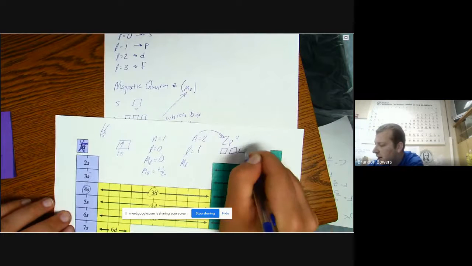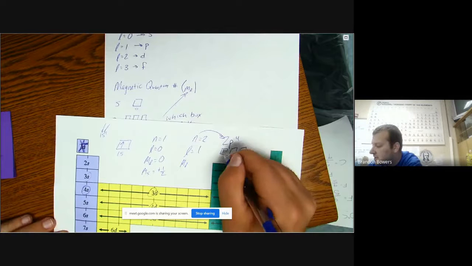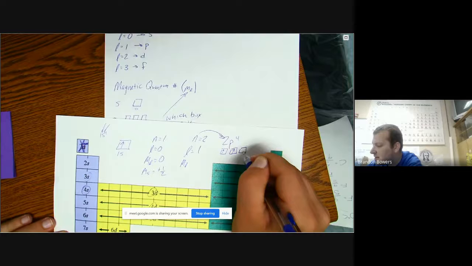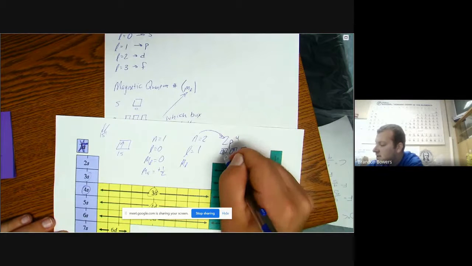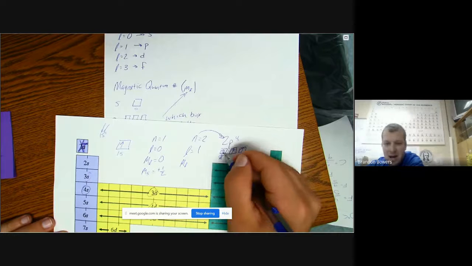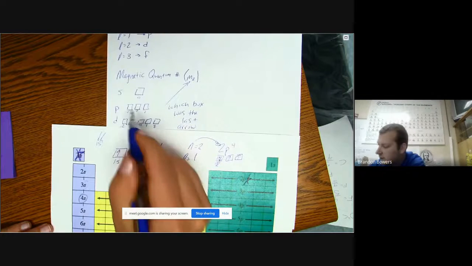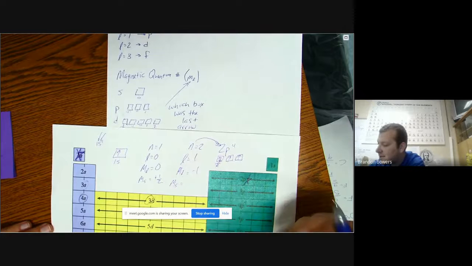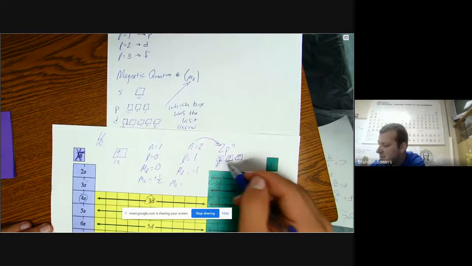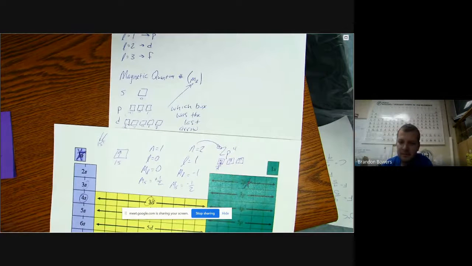I've got to draw 4 arrows because it's 2p4. My first guy gets on the bus, second guy gets on the bus, third guy gets on the bus. Fourth guy has to double up. He's going to be sad about it. So I drew my last one in my first box, and my first box has a number of -1. For the spin, was my last arrow up or down? My last arrow was actually down, so it's -1/2.